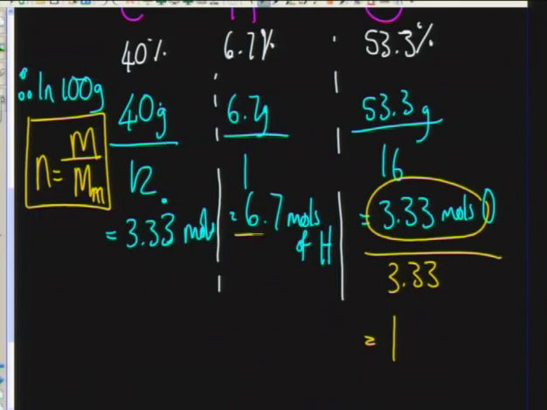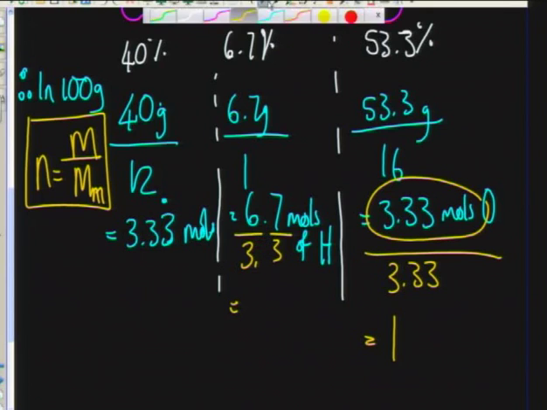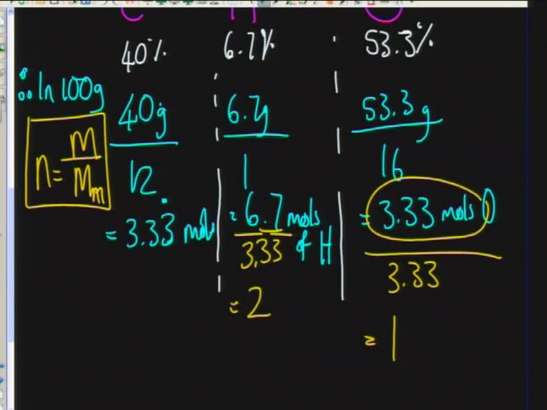If I divide this side by 3.33, sorry, that looks like an 8. Let's go back here. 3.33. And that would get me to a 2, approximately. And this last one, divide 3.33, and that's going to get me to 1.